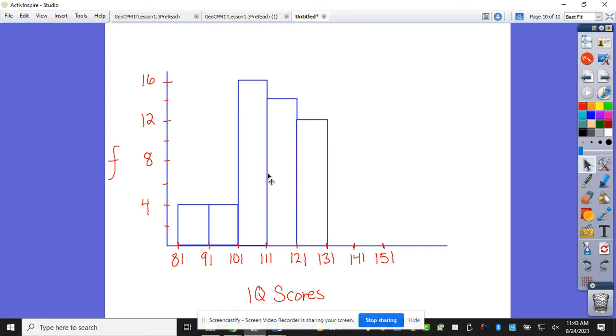And then my last one is, what's the only thing I have missing? Title.